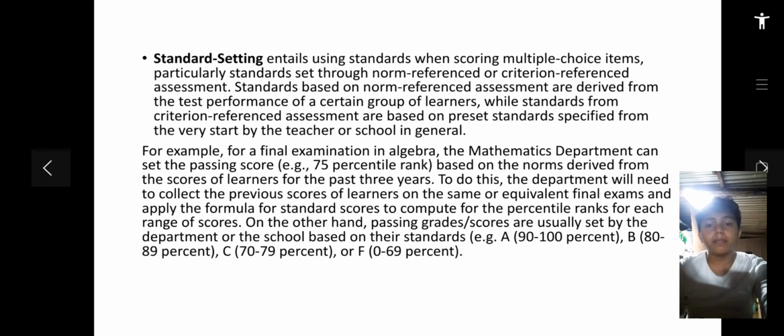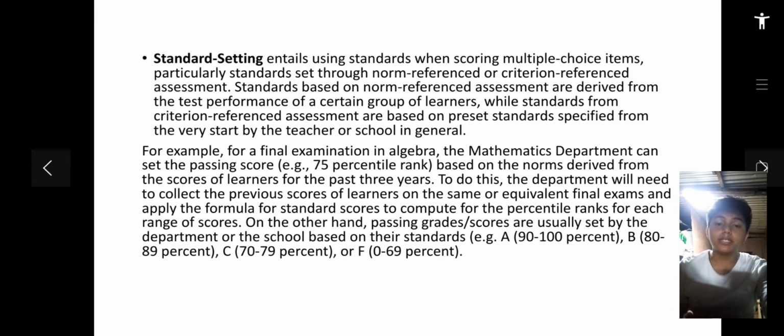Standards from criterion reference assessment are based on predetermined standards specified from the beginning by the teacher or school as a whole, whereas standards from norm reference assessment are obtained from the test performance of a specific group of students. For instance, the mathematics department can determine the passing score, either 75% or rank, for a final algebra exam based on norms derived from students' scores over the previous 3 years.